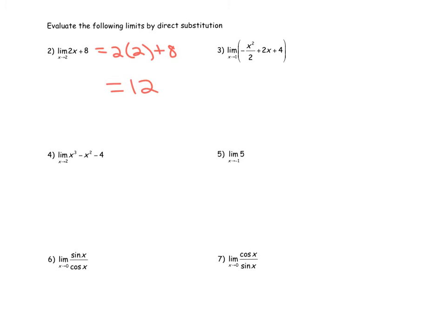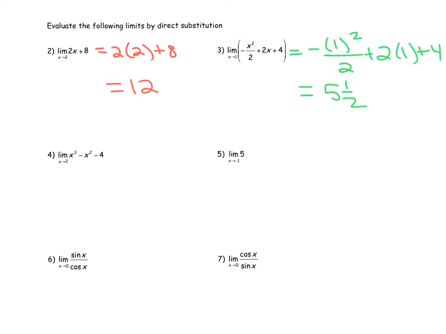Now, if I check my third problem, and guys, you can do this all without me. You don't need my help for this. We're just plugging in. We're going to take the limit as x approaches 1. So I have -1 squared all over 2 plus 2 times 1 plus 4. When I simplify this, I end up getting 5.5. So the limit as x approaches 1 is 5.5.